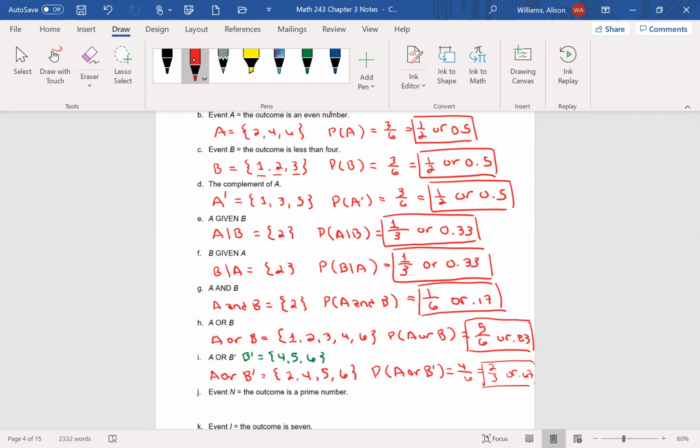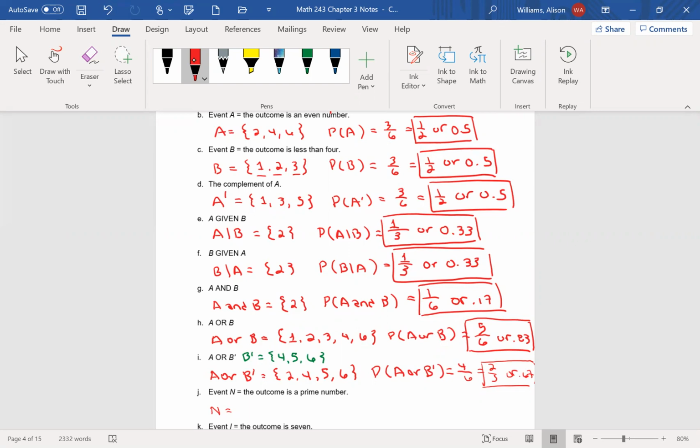Okay, so look at them getting fun. N is a prime number. So prime numbers, those are numbers that are only divisible by 1 or itself. And 1 does not qualify because being divisible by 1 or itself is the same statement.